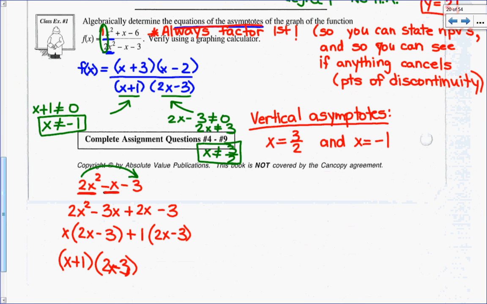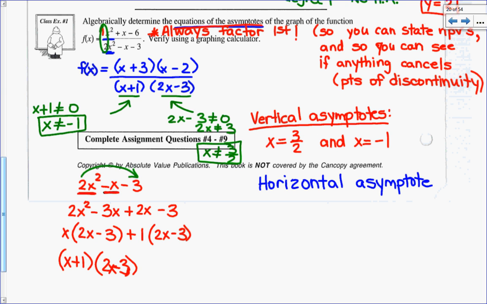So the equation of the horizontal asymptote is y equals 1/2. And if you need to make yourself a note so you remember, we had 1x squared over 2x squared, and we just took their coefficients. That's how we got the 1/2.